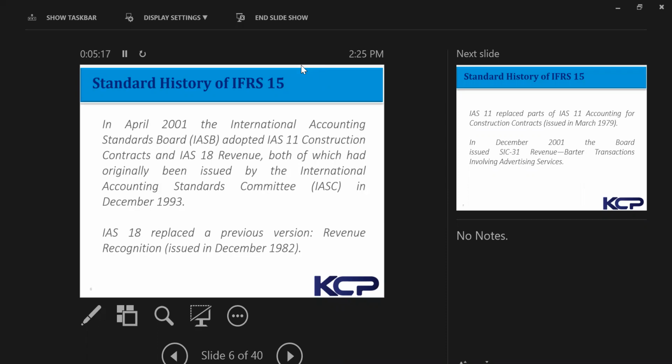The IASC used to be the global standard setting body, and then there was a change in constitution. So the IASB replaced the IASC. Okay, what is the version of the IASB in Nigeria? Madam?